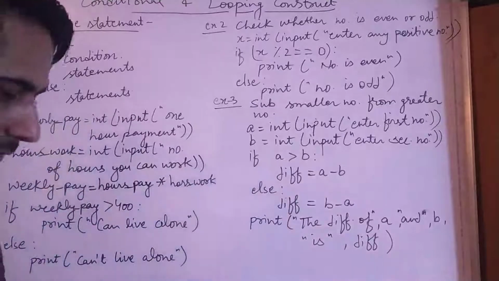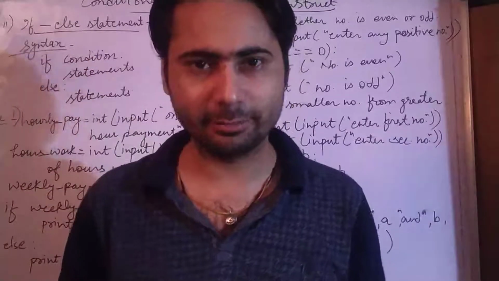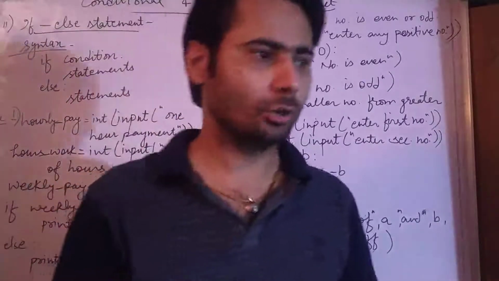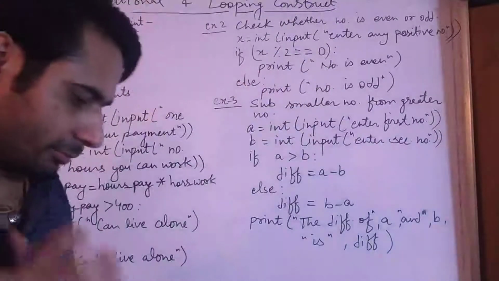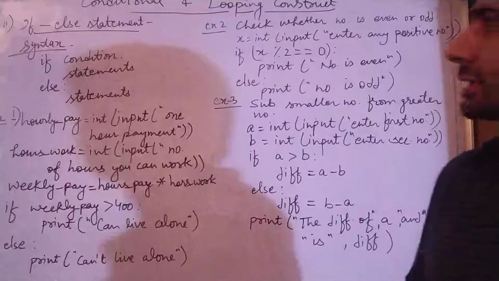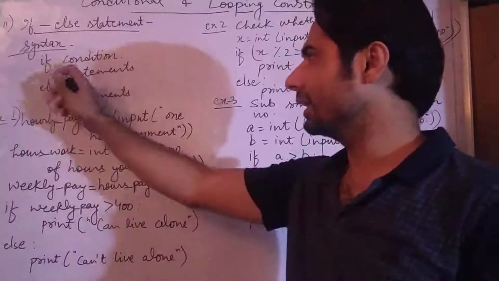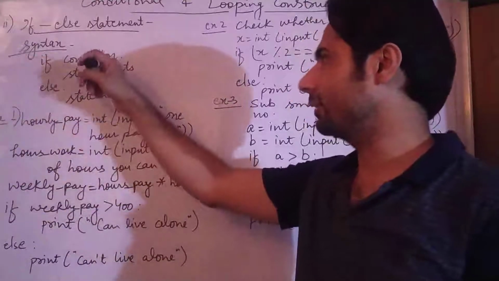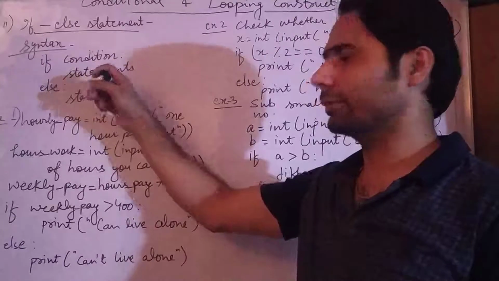Today we discuss the if-else statement. Earlier we discussed the if statement. Now the next is the if-else statement. The condition says that if the statement within the if condition is true, then the statements within this block will be executed.